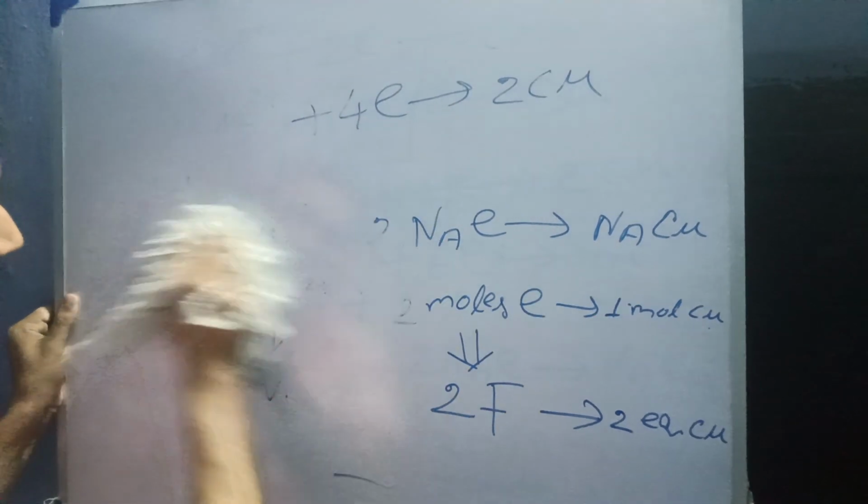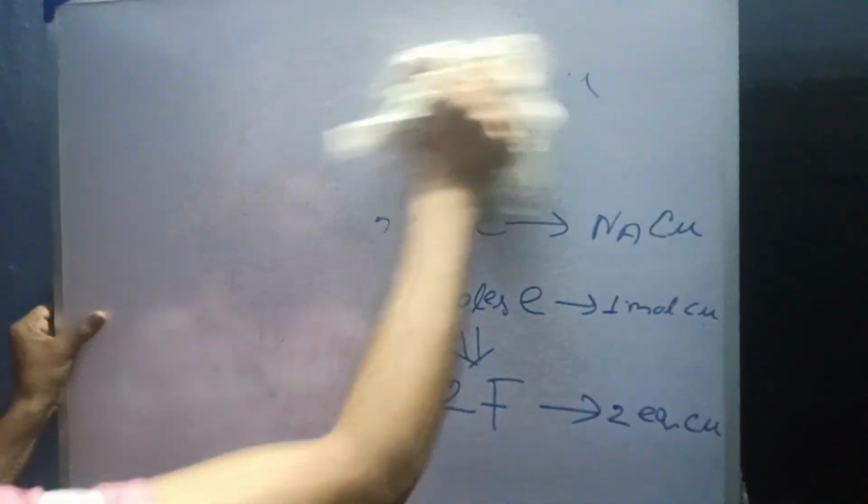Now the question is, why does 1 mole of Cu2 plus mean 2 equivalents of Cu2 plus, or 1 mole of copper mean 2 equivalents of copper?